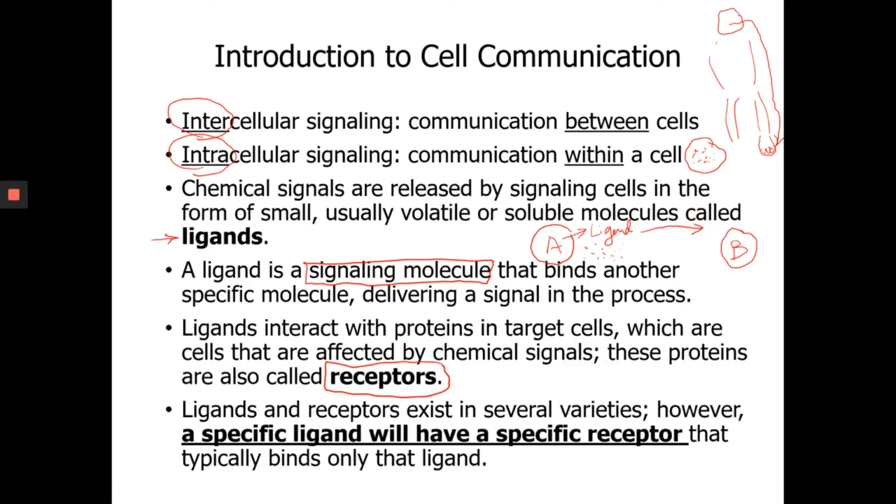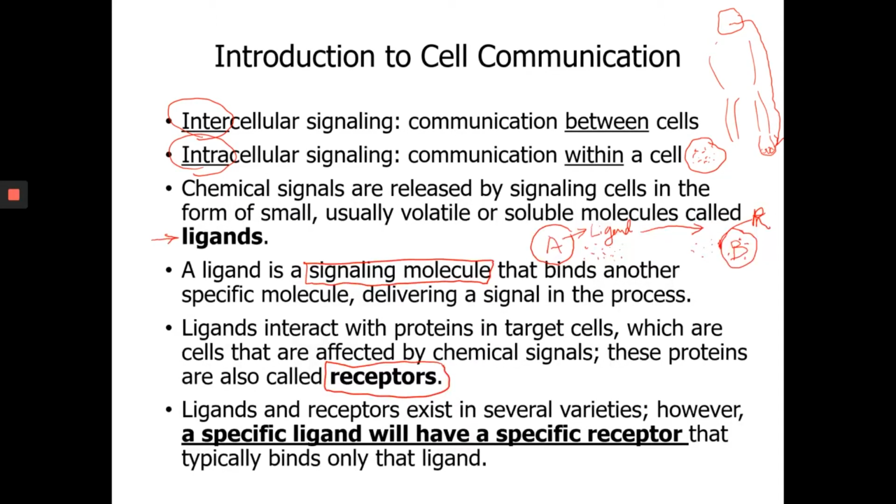And then in cell B, you are going to find receptors. The receptors can be on the cell surface or they can be inside the cell. So these are receptors. I'm just going to do a big R. Once the ligand gets in here, they are going to bind to the receptor.